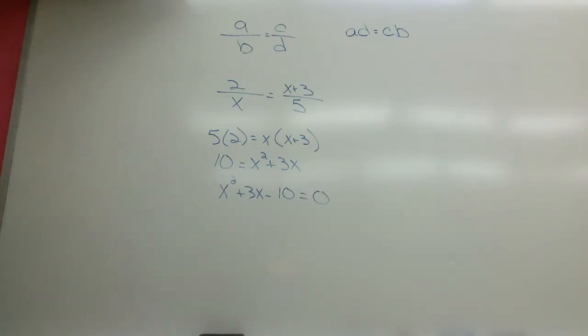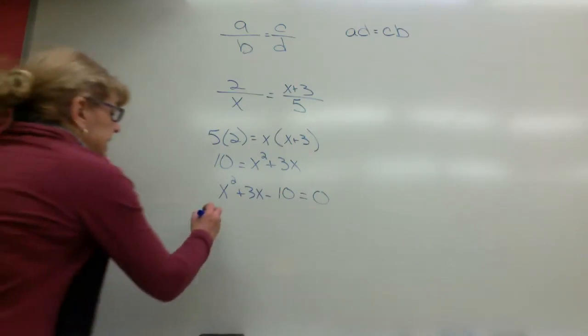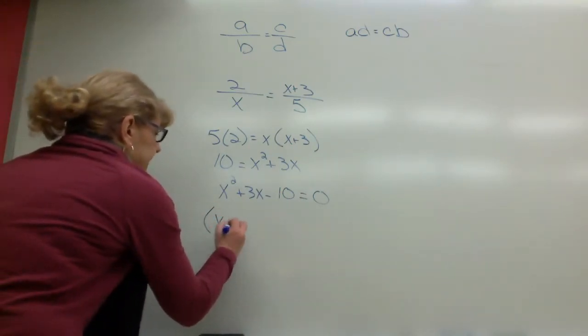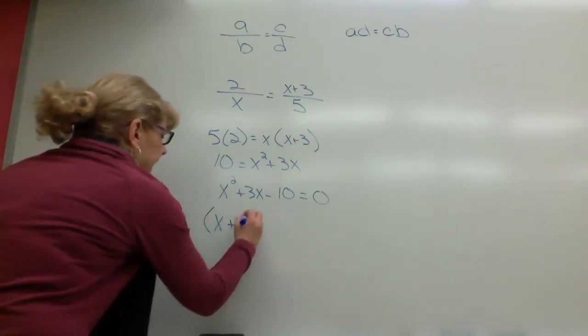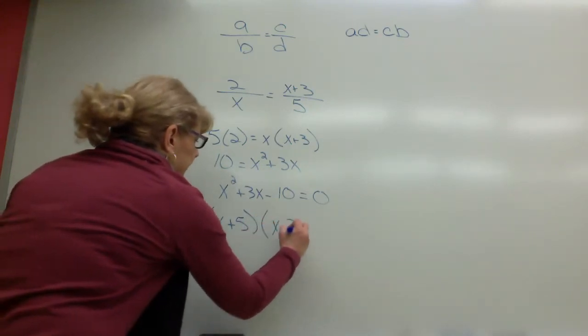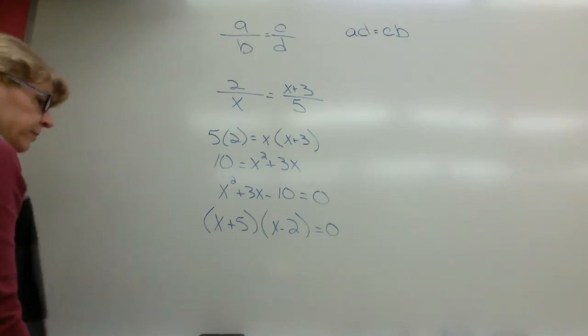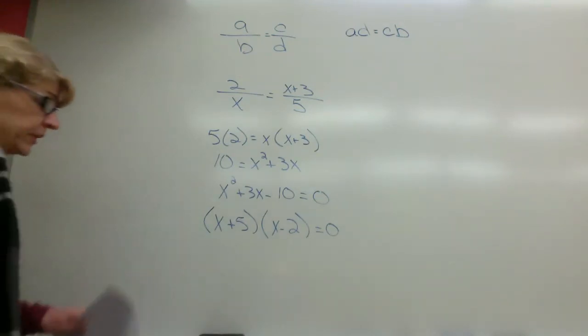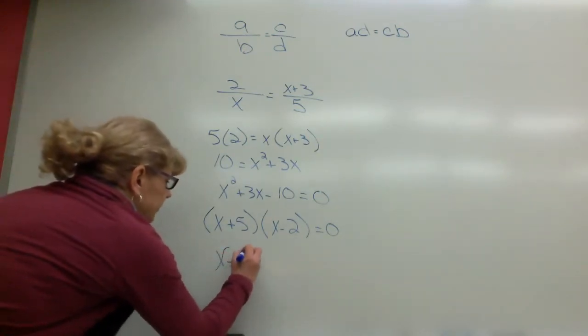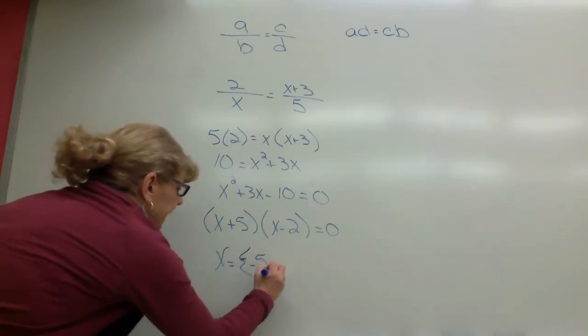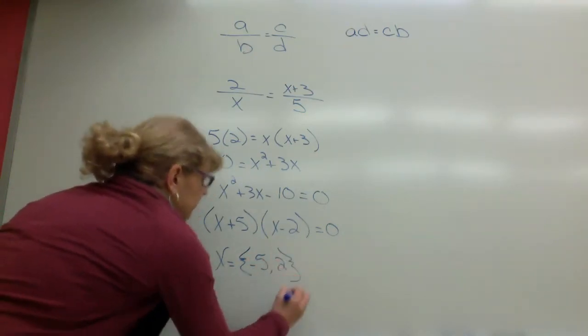So hopefully you get minus 5 and 2. So this factors to x plus 5 times x minus 2 equals 0. So therefore, by the zero product property, x is equal to negative 5 and positive 2.